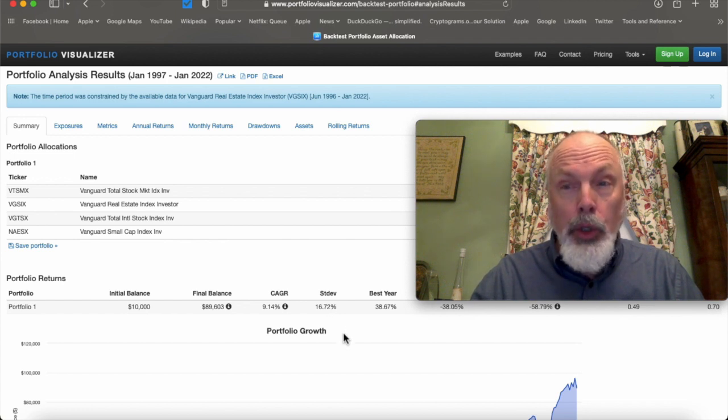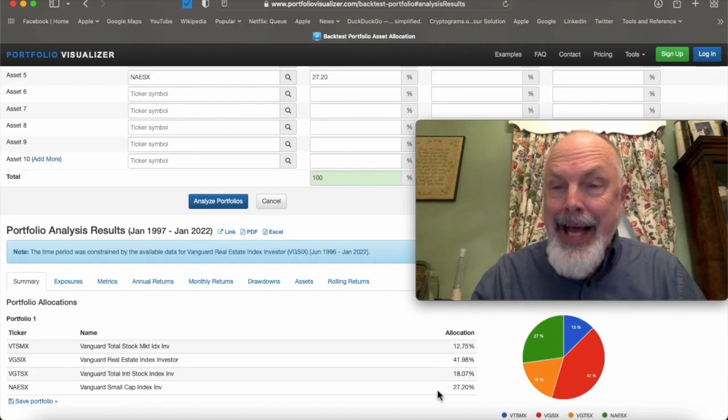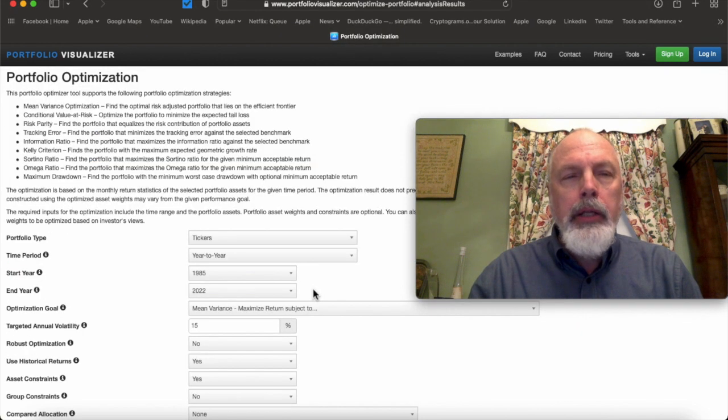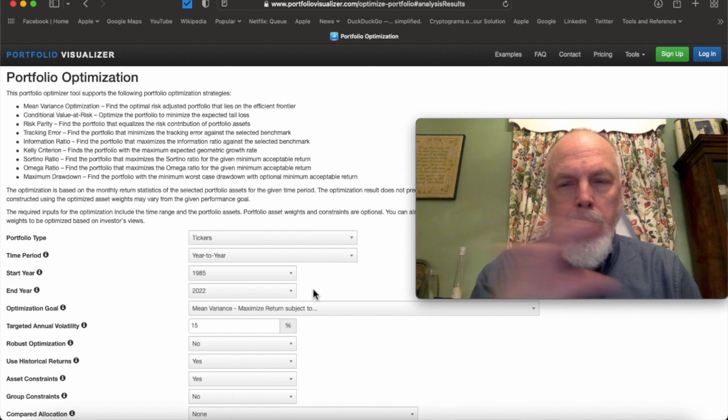So we'll do a little portfolio optimization. With these assets here, we're going to jump over to the portfolio optimization for Roth to see what it suggests. Over in the portfolio optimization, I took those asset allocations and weights from the previous screen and brought them over here.